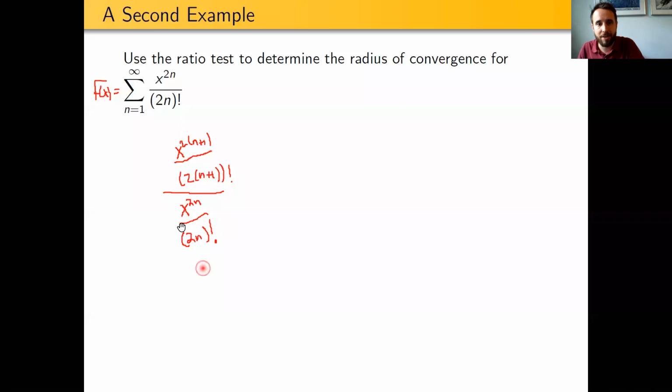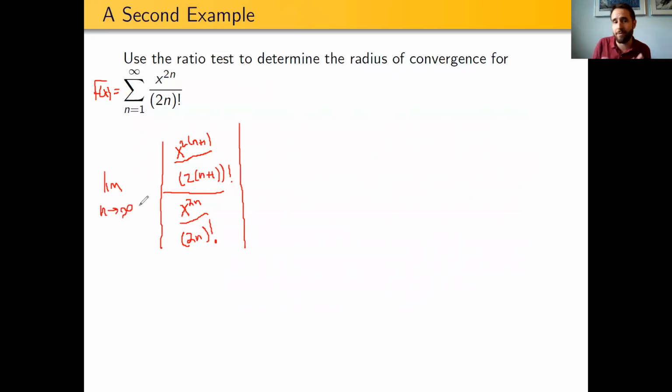We have the nth term in the denominator, that's down there. And then we would take the absolute value of this ratio and then take the limit as n goes to infinity. And the question is, for what x values is this limit less than 1? Because the ratio test required that we had our limit be less than 1. So let's take a look at this.